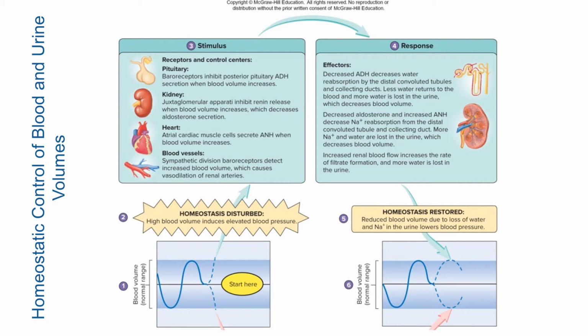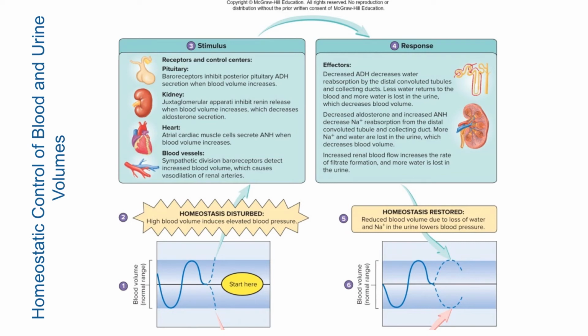Here, this is actually an image showing you the homeostatic control of the blood and urine volumes. So again, talking about homeostasis, of course, when homeostasis is disturbed, in the higher end of your homeostatic balance, what would happen is that there would be results of different stimulus, which includes your receptor and control centers like your pituitary gland.